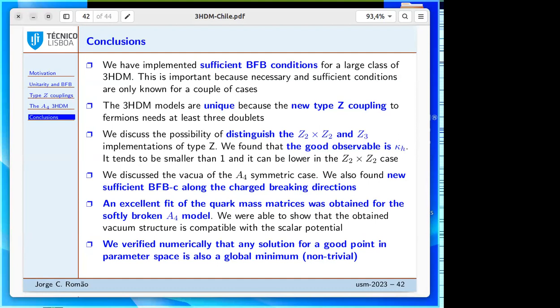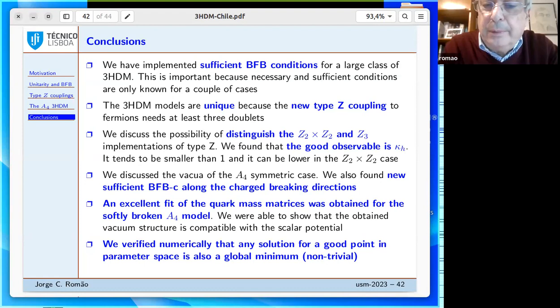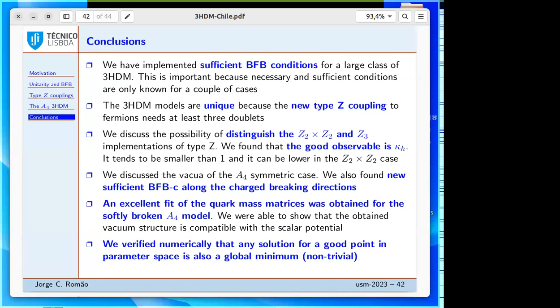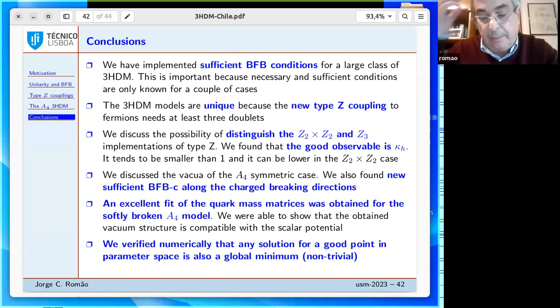Well, if I'm in this alignment limit, then the potential is very simple, and the couplings of the standard model Higgs are, I mean, the lowest scalar is essentially the standard model Higgs. Then it essentially passes all the constraints from LHC and from unitarity and bounded from below.